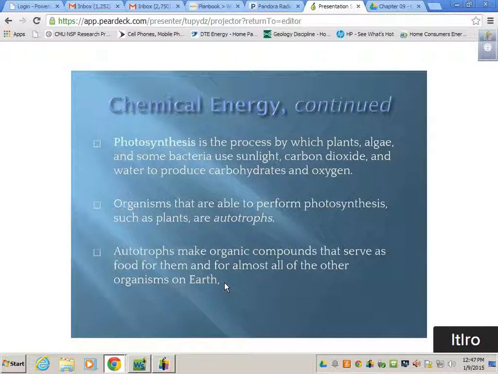I eat spinach almost every day. Baby spinach, the leafy stuff, is like salad. You just replace the bad lettuce, like iceberg lettuce, with spinach and you're good. So you can eat that, or you can eat the cow that ate the spinach, right? That would work. But it all comes back down to the autotroph that got energy from the sun.